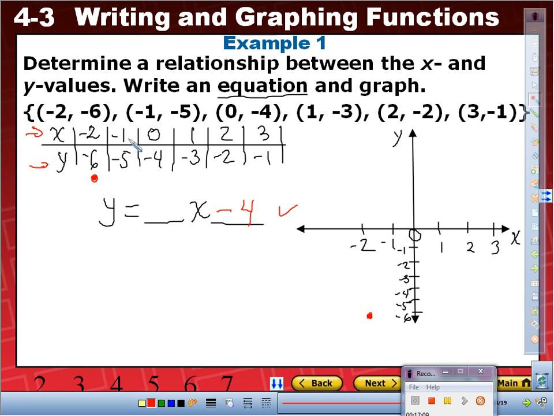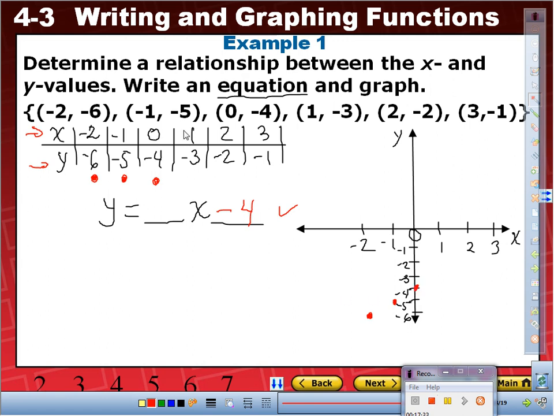Next one. -1 of x, -5 of y. It's about right there. Next one. 0 of x, -4 of y. 0 of x is right here. -4 of y is right there.